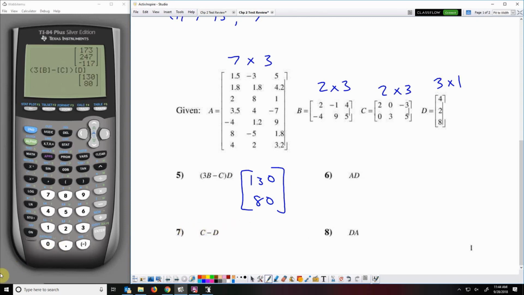A times D. So second matrix A, second matrix 4 gives me A times D.